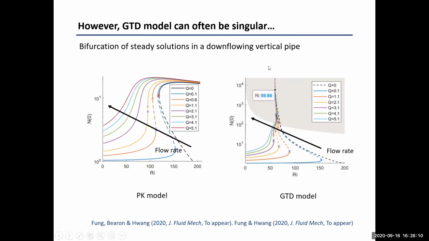But in any case, what I wanted to tell you is that even though the GTD model looks correct, in practice it creates something nasty which you want to avoid.